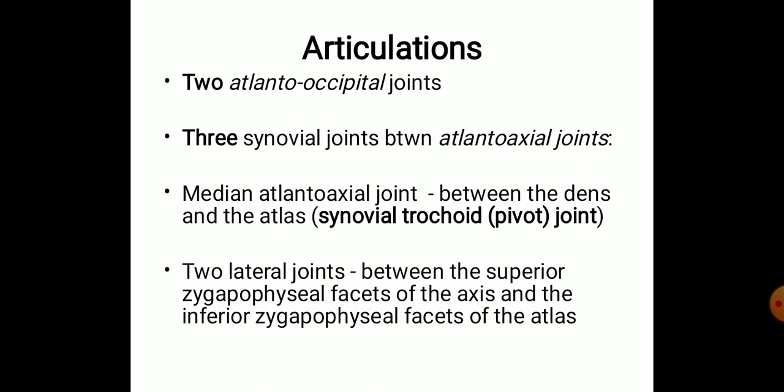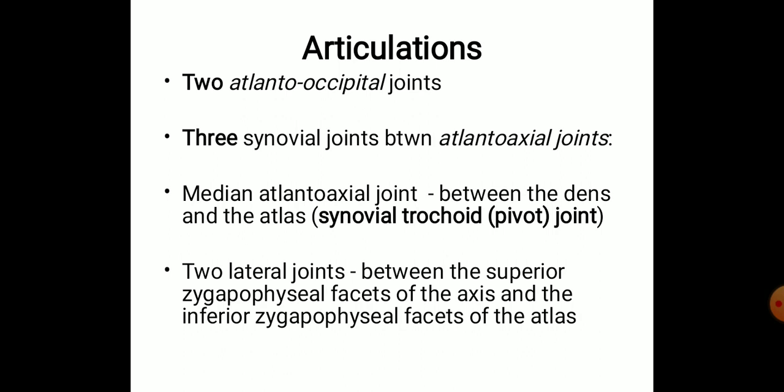The median atlanto-axial joint, the joint between the dens and atlas, is a pivot joint. A pivot joint allows much more rotatory movement.